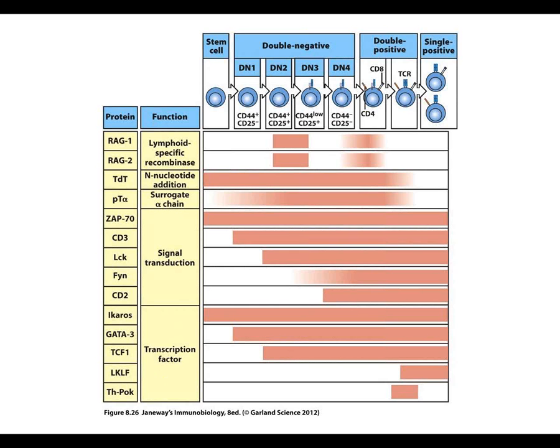FOXP3, I think. TH17 is something called ROR gamma tau. What's it again? ROR gamma tau or ROR gamma T. I think GATA3 is TH2.